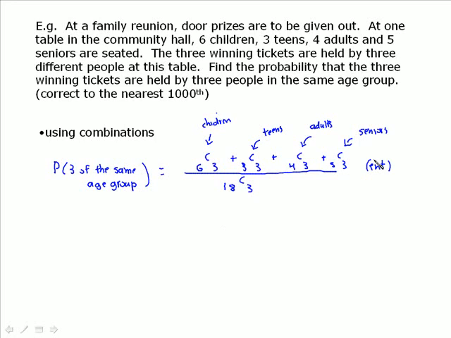So we would go 6 choose 3, don't stop, just keep going with it, plus 3 choose 3, plus 4 choose 3, plus 5 choose 3, enter, just 35 by the way, so that's an easy one, I'll even write it down. And then 18 choose 3 is 816. So this would have made a nice fraction, but let's decimalize it just for the fun of it, and the question did ask that.